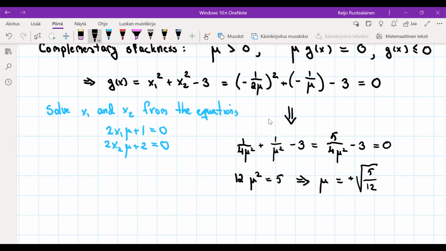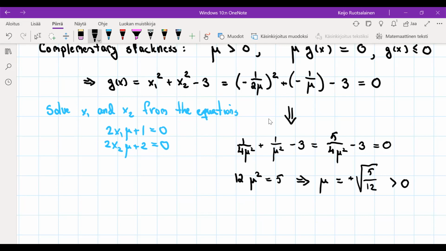There are 2 solutions for this equation, but the other one is negative. We have to choose the positive one. And now we have solved the case.